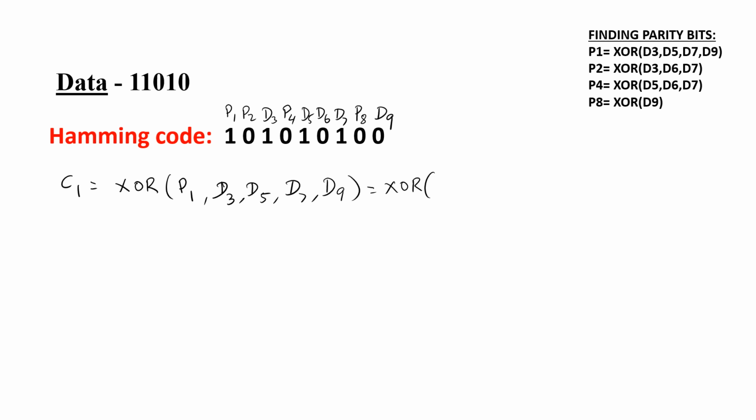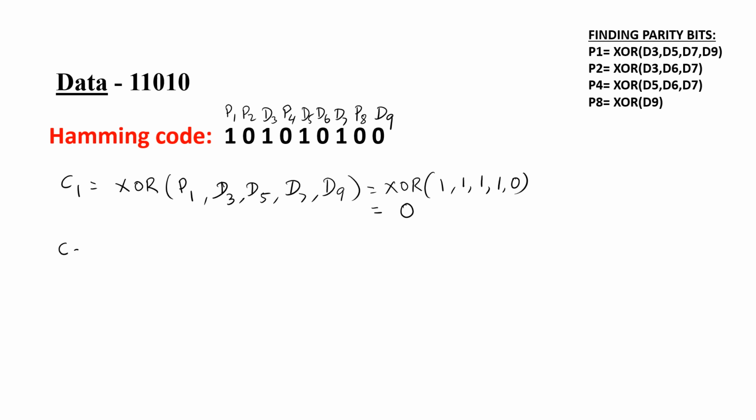So P1 is 1, D3 is 1, D5 is 1, D7 is 1 and D9 is 0. So C1 is equal to 0, because an even number of ones are present. The XOR of an even number of ones is 0.